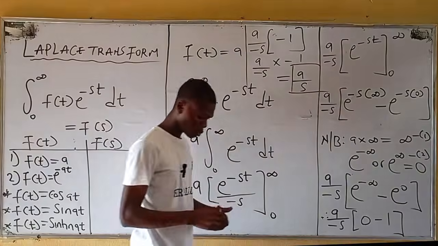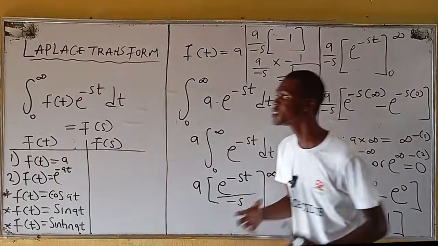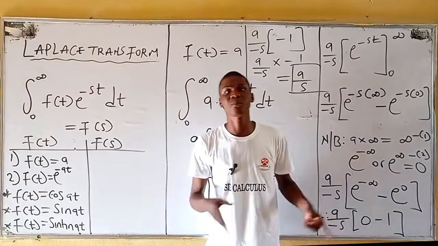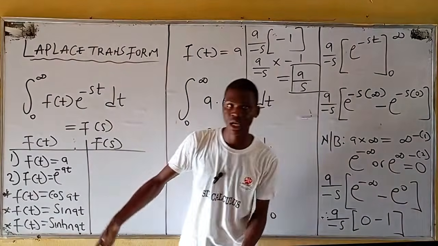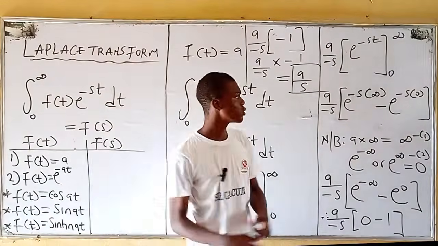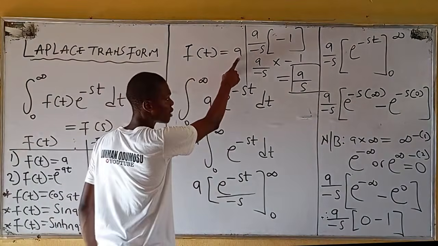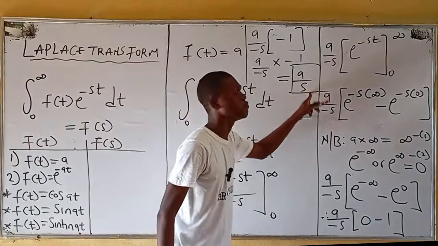When we defined what a Laplace transform means initially, we said it is about converting a particular function, say f of t, to F of x, meaning you've transformed. Initially I was given that f of t is equal to a. After performing the Laplace transform, I have a over x.